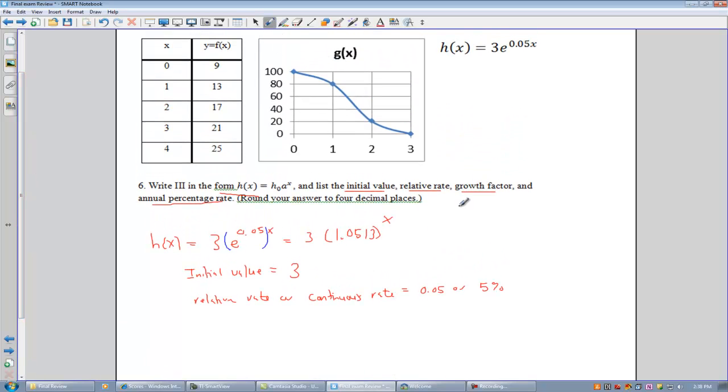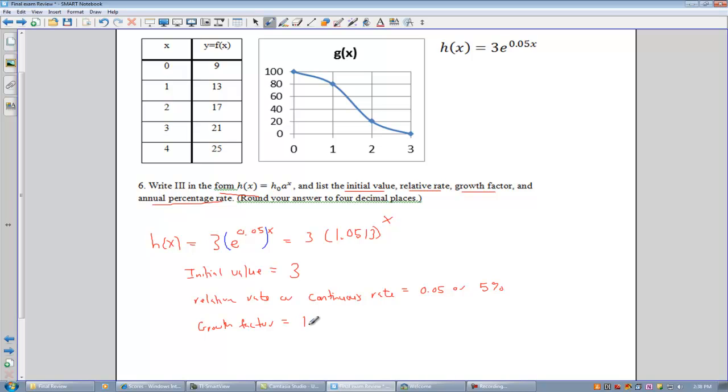And then what's next? The growth factor. All right, the idea with these exponential functions in this form, you have a growth or decay factor depending on whether you are growing or decaying. So if you're a growth factor, it's just this number here. It's basically the number you multiply by to get to the next step.